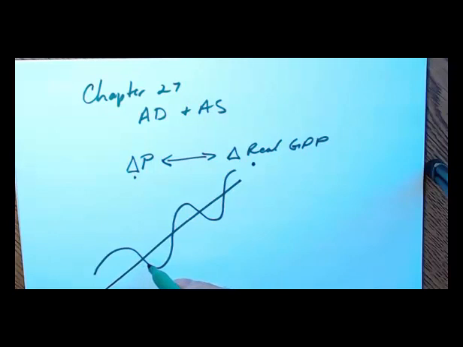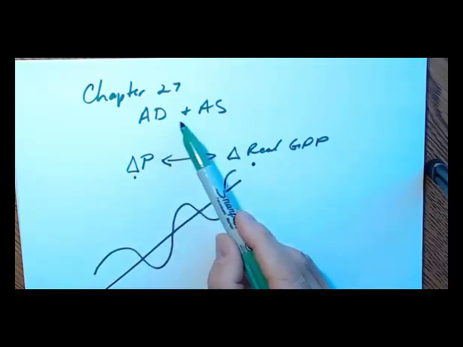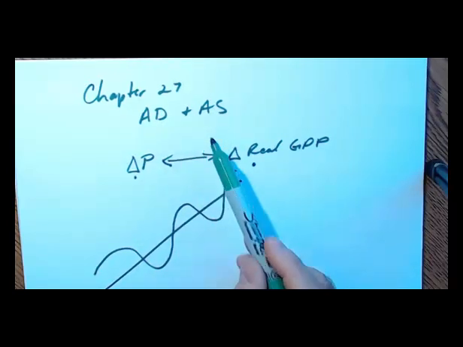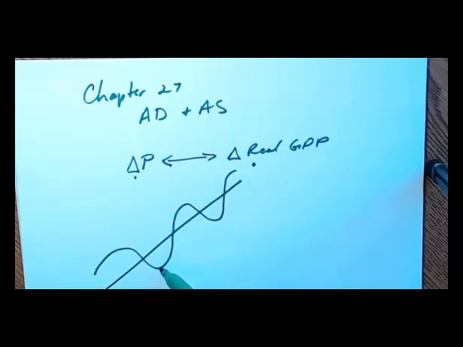We go into recessions, we come out of recessions, we go into booms. We can use this aggregate supply and aggregate demand model to better explain how we fall into a recession, and then how the economy can be corrected and move back to its long-run equilibrium.